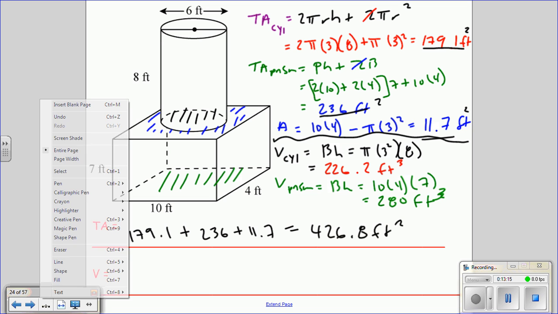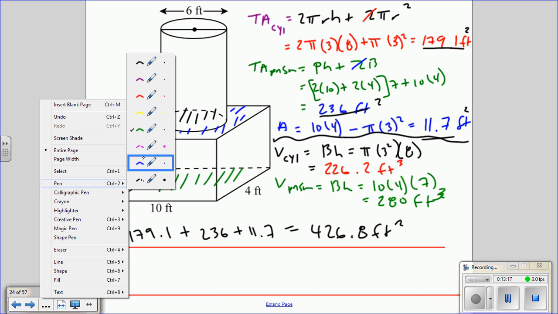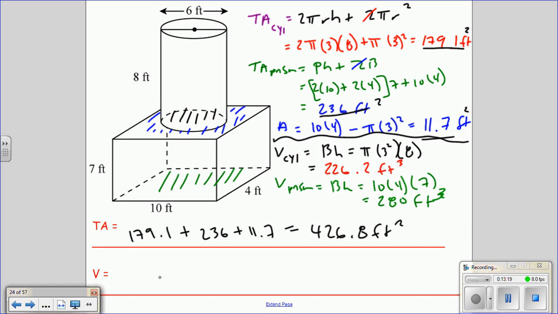So now we add both volumes together to get the volume of the composite. So 226.2 plus 280. About 506.2 cubed.